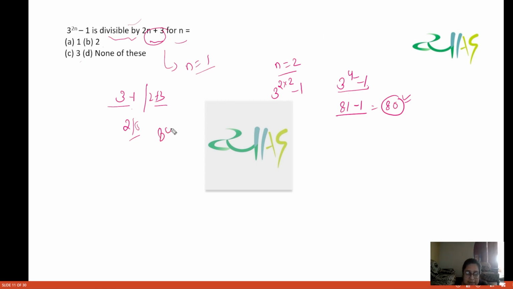Now 80 divided by 2n plus 3. So what will this become? 80 by 7 you are getting. Is this divisible? Not divisible. So you can try for 3 as well. So you have 3 to the power 6 minus 1, and you have 6 plus 3, that is 9.